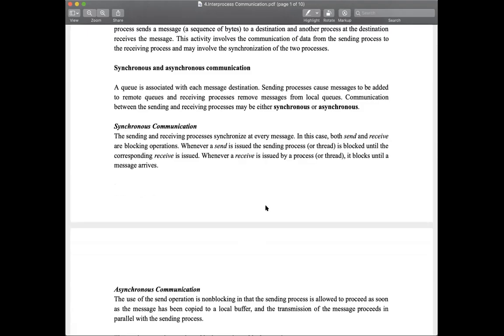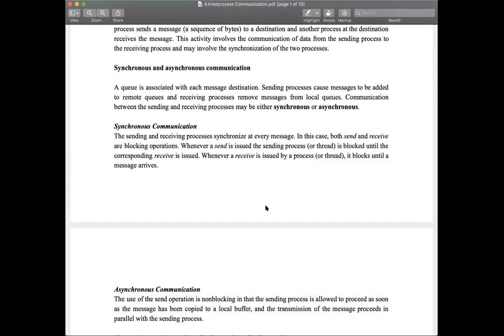Once the send is issued by the sending process, that process is blocked until the corresponding receive is done, until the receiving process has received that message, right? That means the receiving process should issue a received message once it receives the information.